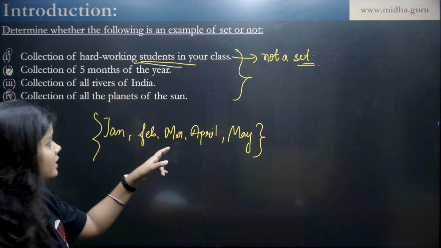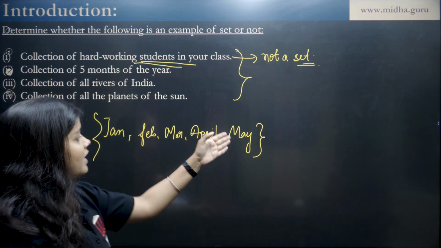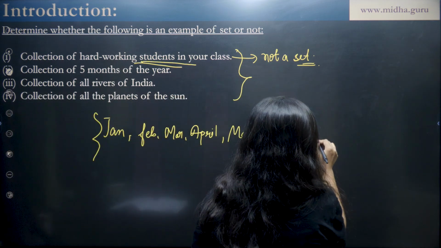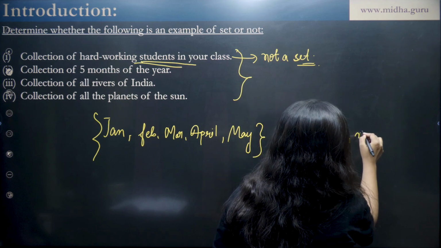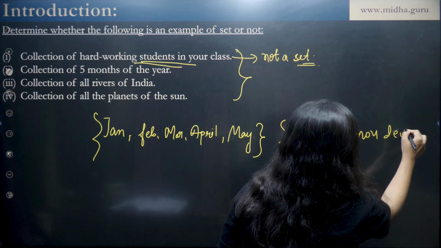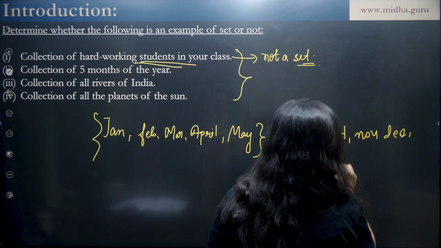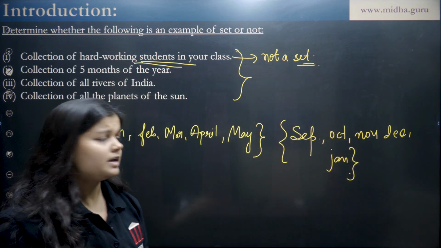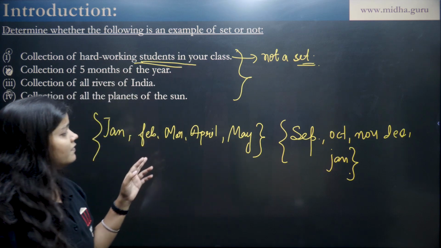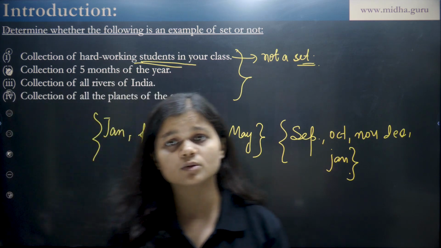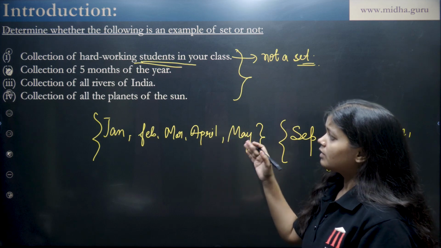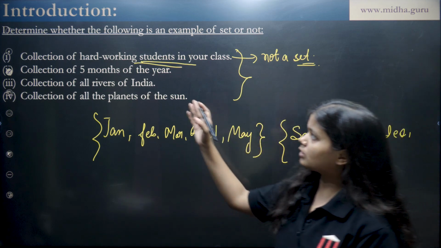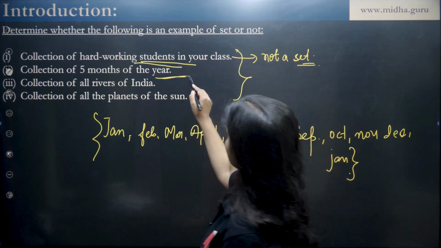Or another 5 months, let us take September, October, November, December, January. So this can also be taken. Is this an example of a well defined collection? No, this is not well defined, because for different persons this can be different. So this is also not a set.